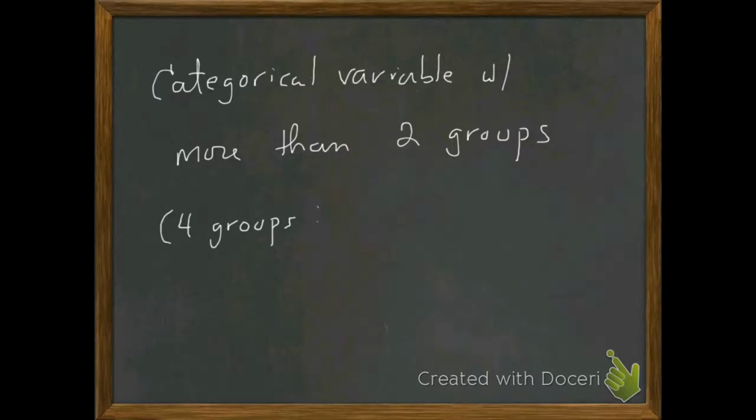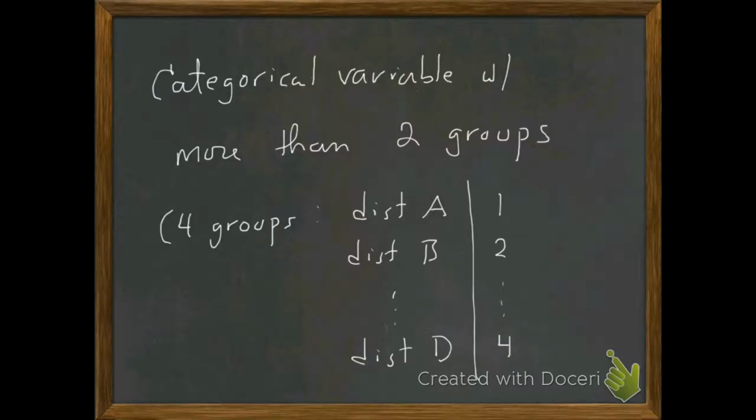And I think this was District A, District B, down to District D. And I'm pretty sure these are coded 1, 2, 3, and 4. Now, guys, this is going to require us to create dummy variables.